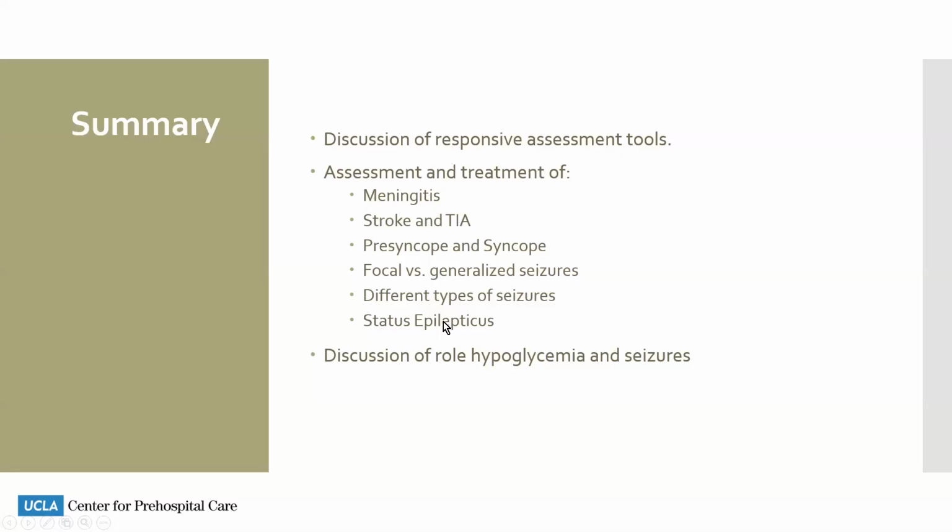And like I said, please know AEIOU tips, because we're going to be questioning you on them in the scenarios when you come to the paramedic school. And then, of course, hypoglycemia and seizures.